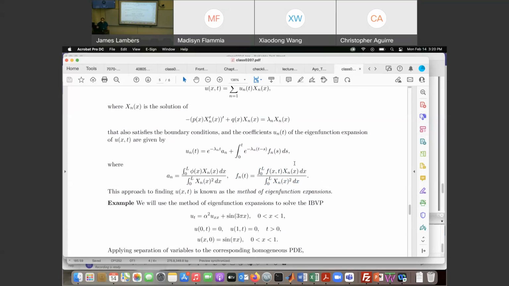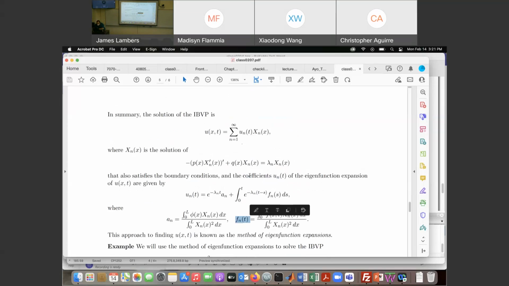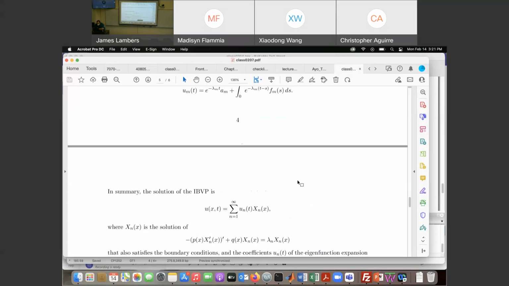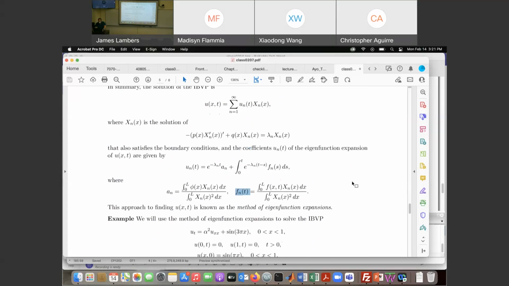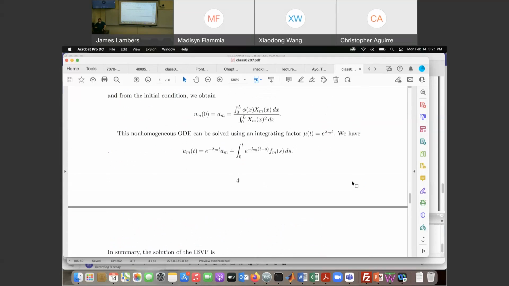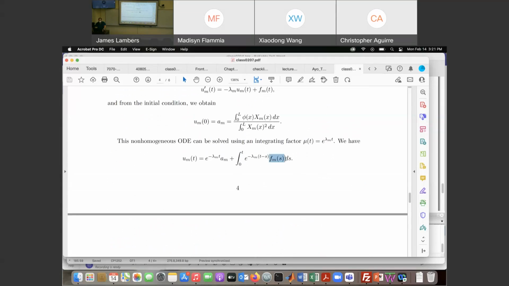For the purpose of computing these, you can take the t part and factor it out of the integral and just focus on the x part and work these out. And then whatever you get for this is what goes in here.